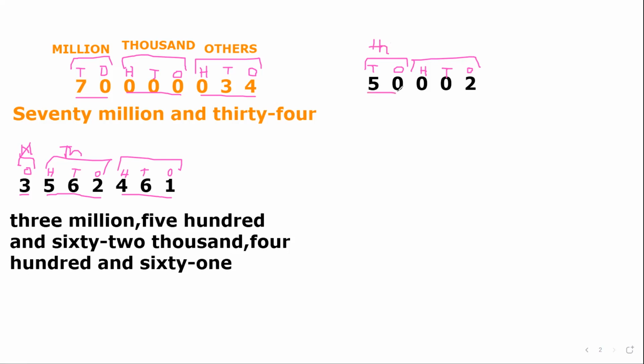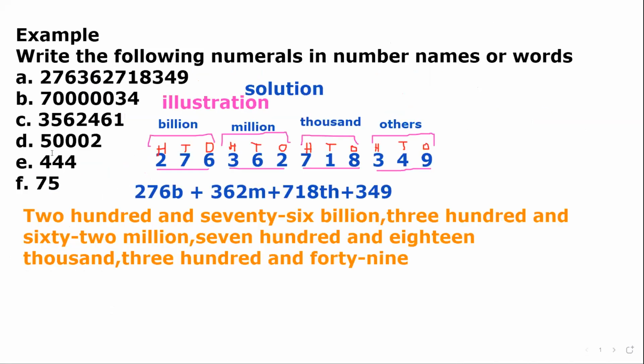Then you underline. You have the 50 under the thousand and the two. Okay, so 50,002. Good. See the other one.